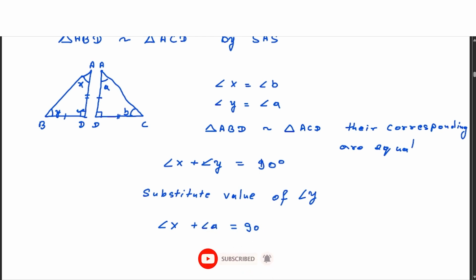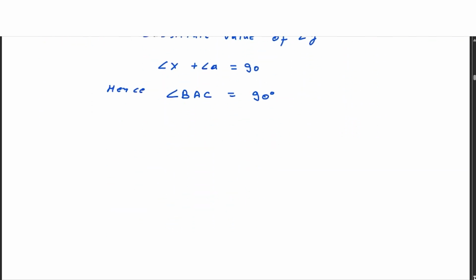Hence we can say angle BAC is equal to 90 degree. Hope you're getting it. Based on the angle sum property, angle X and Y is equal to 90 degree, and here we have replaced Y with its corresponding angle. Hope it's clear.